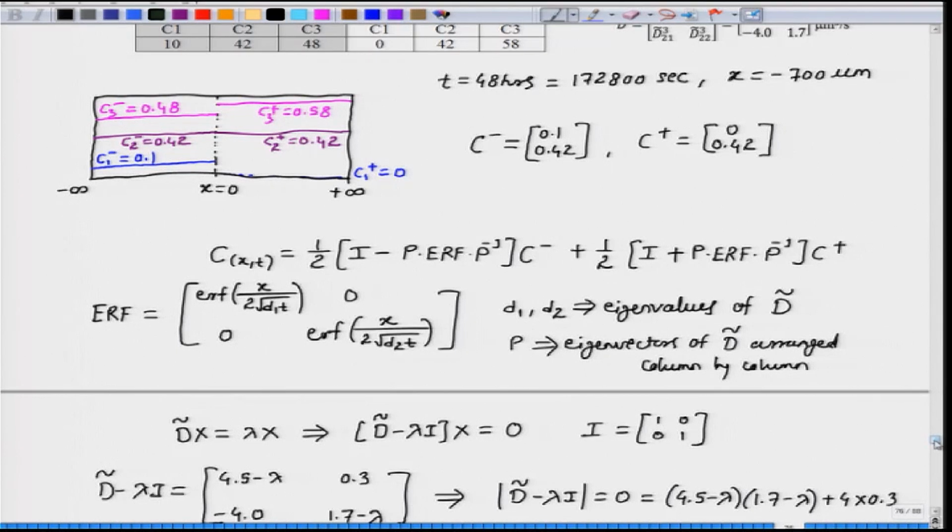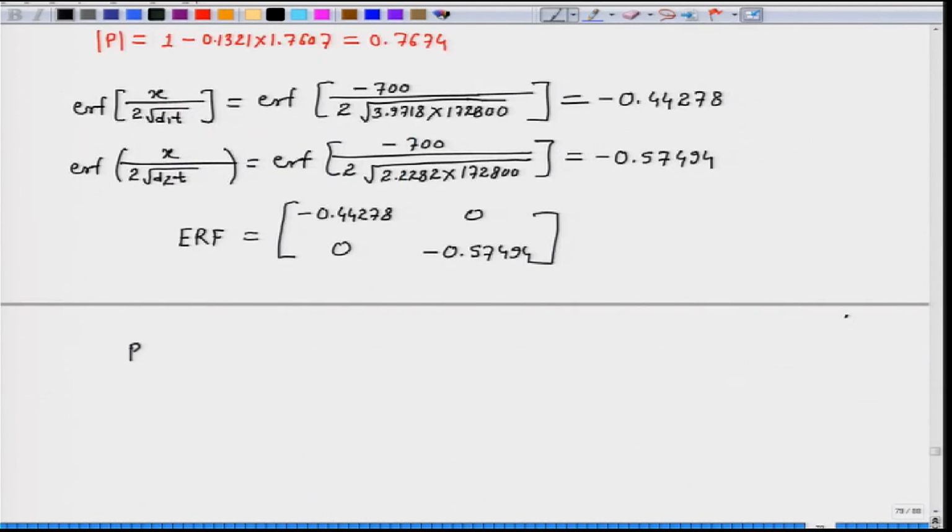Now, referring back to the solution, we need this product P times ERF times P inverse.